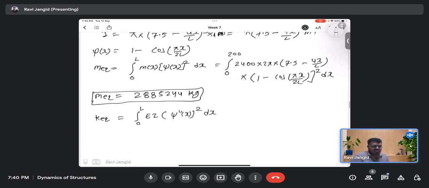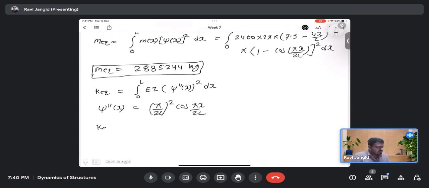First we need to find out psi double dash x. That will be pi by 2L square into cos pi x by 2L.